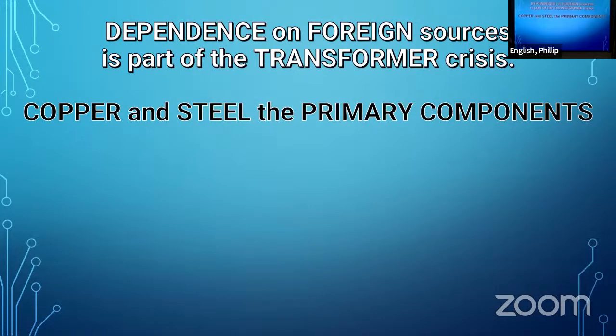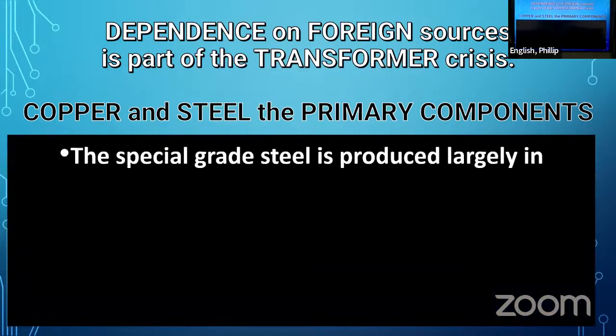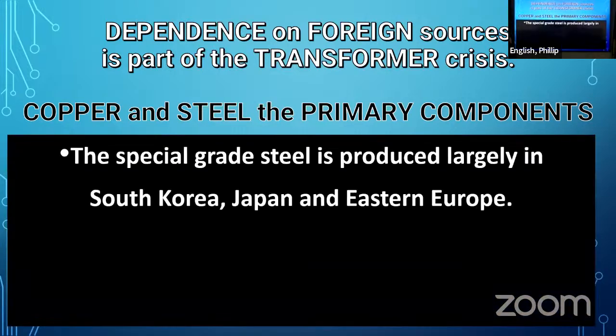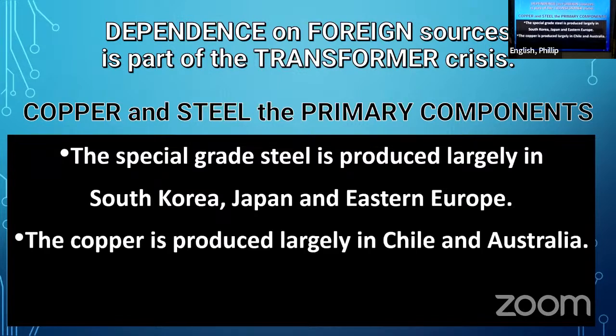Copper and steel are the primary components of transformers, and we are dependent on foreign sources for these primarily. There's a special grade steel that's produced largely in South Korea, Japan, and Eastern Europe. Even though those are nations friendly to the United States, they are other nations. The copper is produced largely in Chile and Australia.